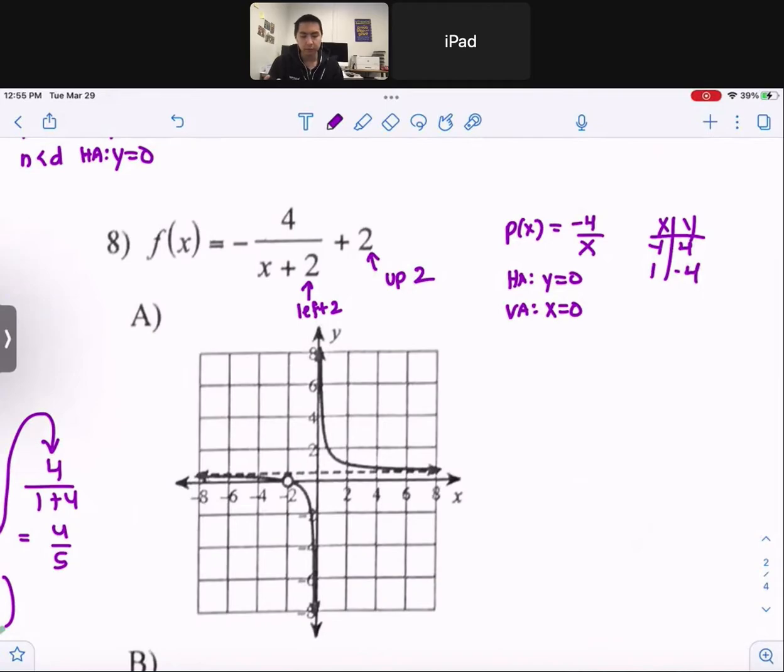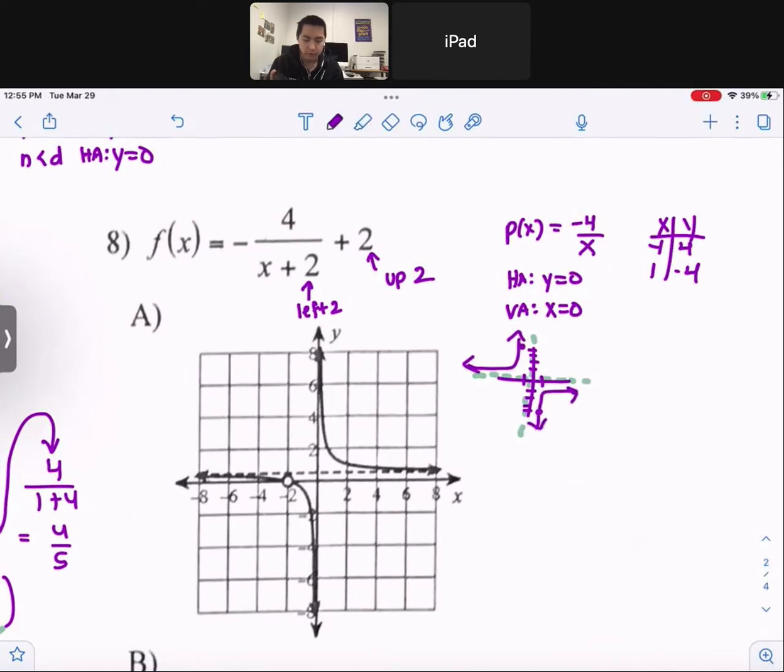So if the parent function was this, you guys, right? And you move it left 2 and up 2, so left 2. So if it's -1 comma 4. So I'm graphing right here the parent function, you guys. So this is the parent.